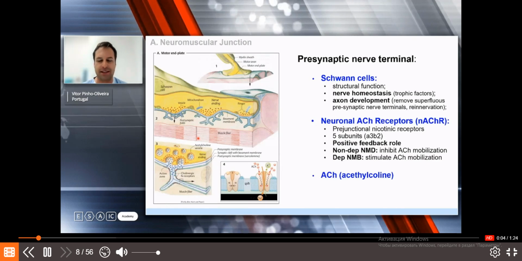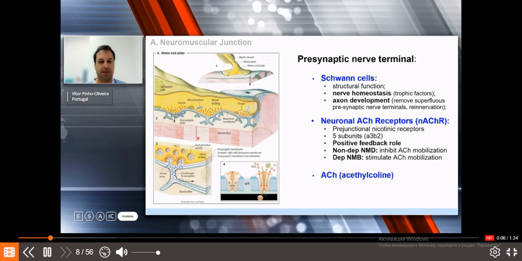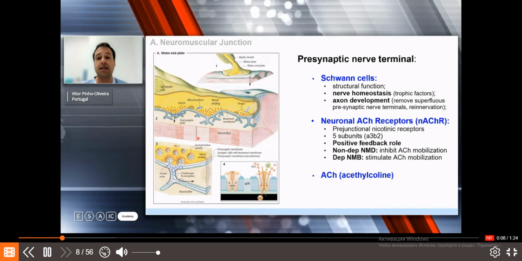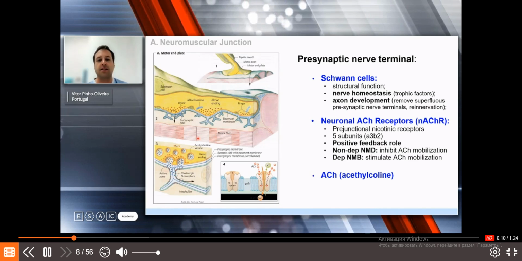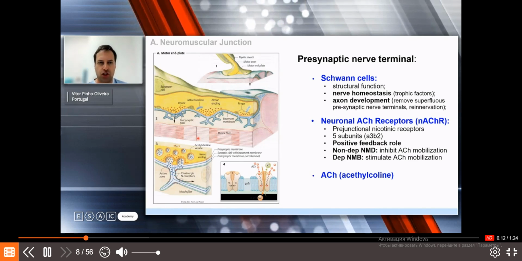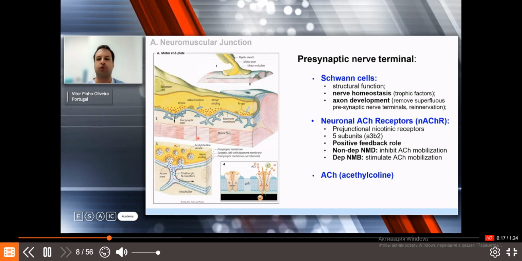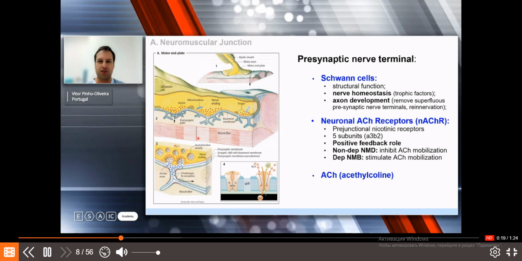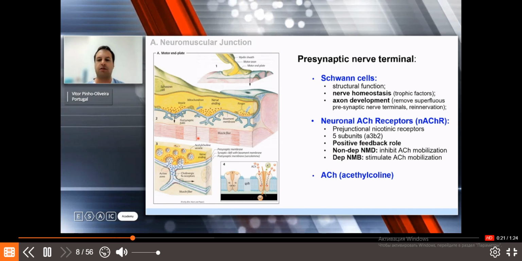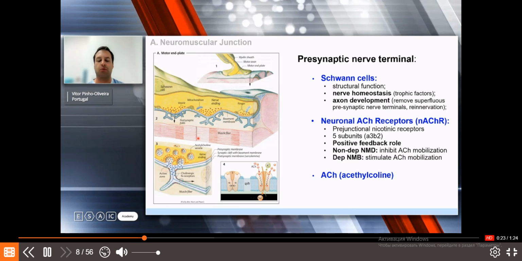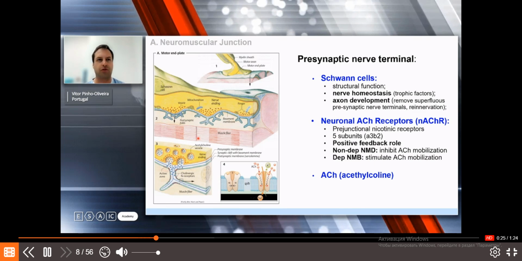Digging a little deeper, the presynaptic terminal is composed of the Schwann cells. The Schwann cells serve a structural function. They are very important for the maintenance of neuronal homeostasis. They produce trophic factors.